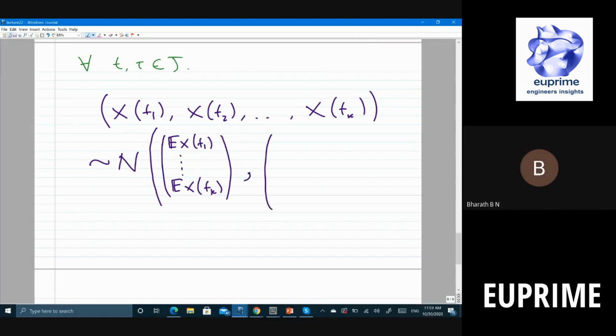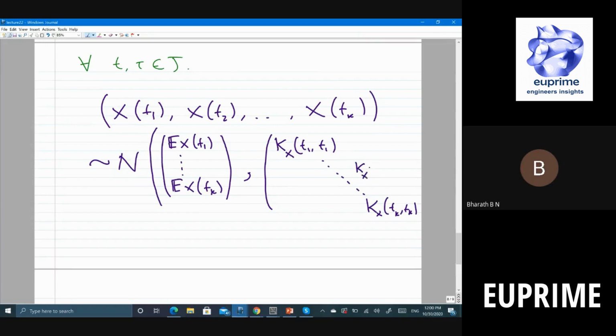What is the covariance function? See, the first one would be x of t1 minus expected value of x of t1 times x of t1 minus expected value of x of t1. So this is nothing but kx of t1 comma t1, right? All the diagonals will be like that, up to kx of tk comma tk. So what will be the ijth entry?